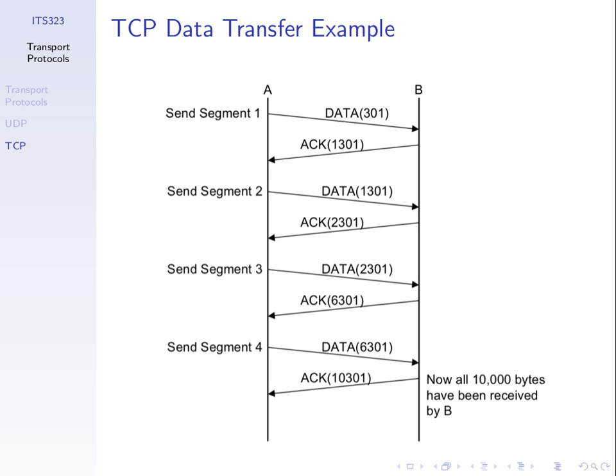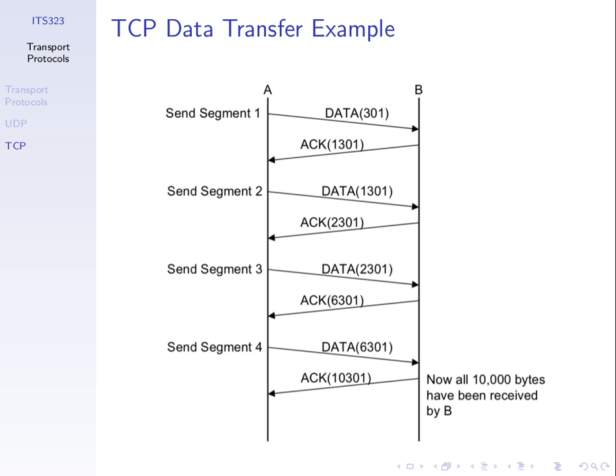Let's say the initial sequence number chosen by A was 416. We haven't shown the setup of the connection, but let's say the connection was set up. This is the first piece of data.